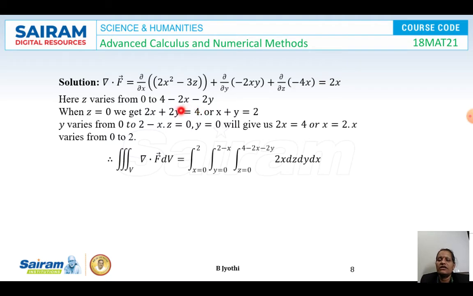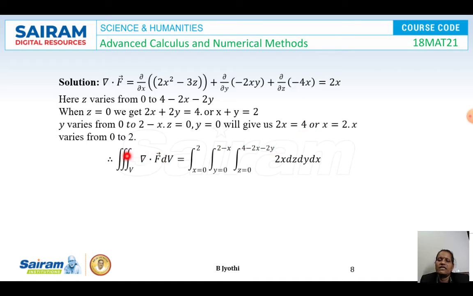Here z varies from 0 to 4 minus 2x minus 2y, and when z is equal to 0, we get 2x plus 2y equal to 4, or x plus y equal to 2. And y varies from 0 to 2 minus x. Z equal to 0 and y equal to 0 will give us 2x equal to 4, or x equal to 2.